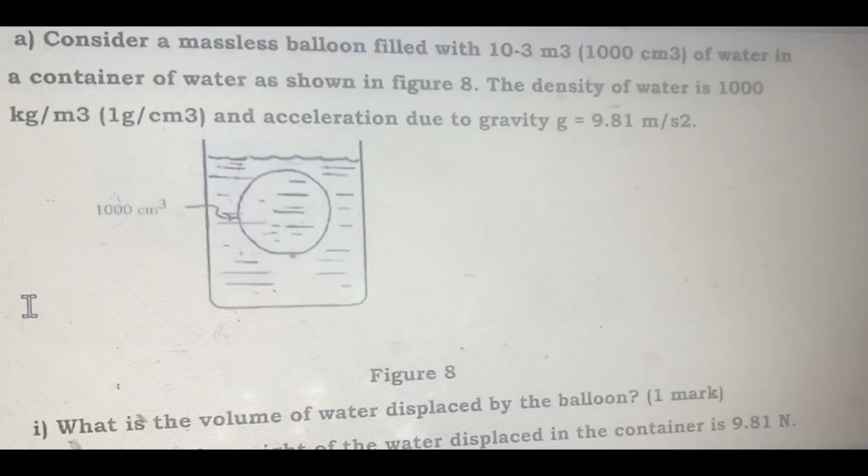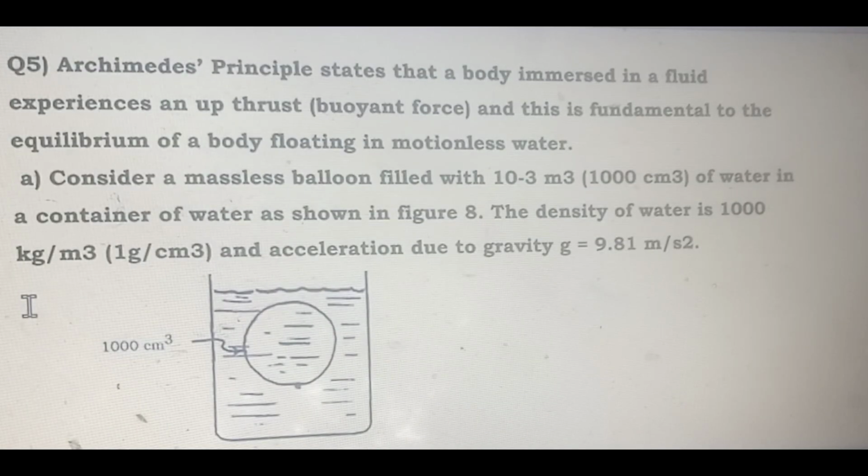This question on Archimedes comes from the national examinations of 2024, 2021, and 2017. This unit of Archimedes' principle is also repeated in section A as multiple choice, true or false, and definitions. Make sure you know this unit, Archimedes' principle and Pascal's principle, before the national examination.